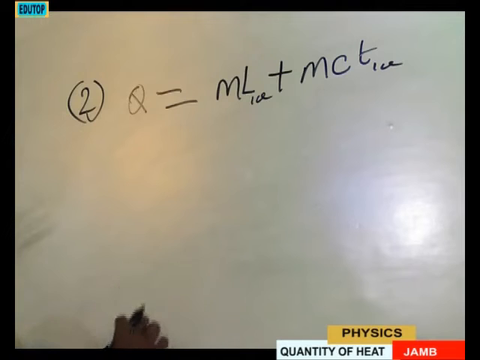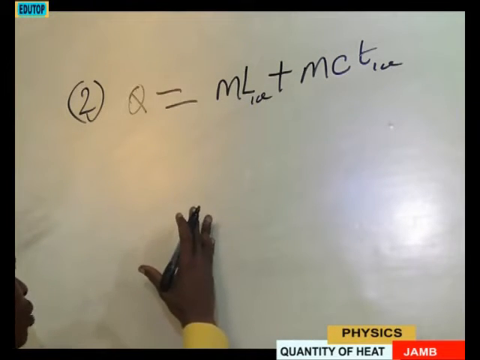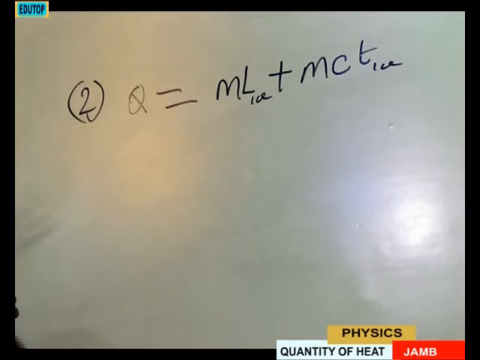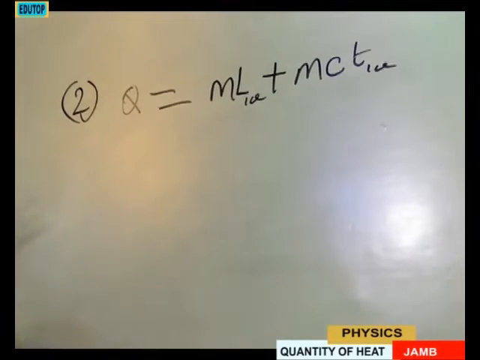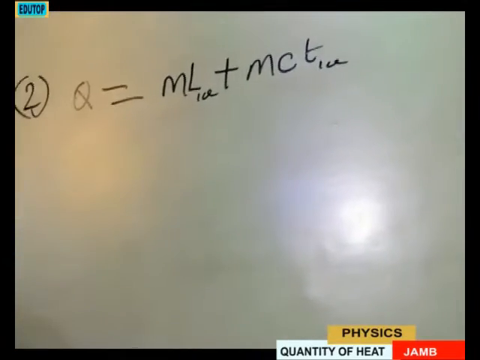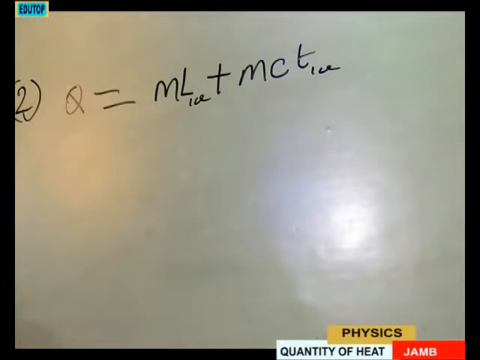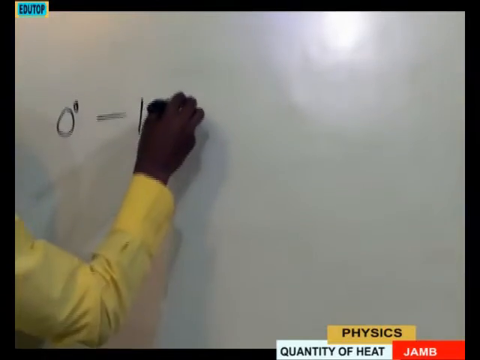The temperature of the ice is any value below 0 degrees Celsius. 0 degrees Celsius is the value of the cold water, between 0 degrees Celsius and 100 degrees Celsius.